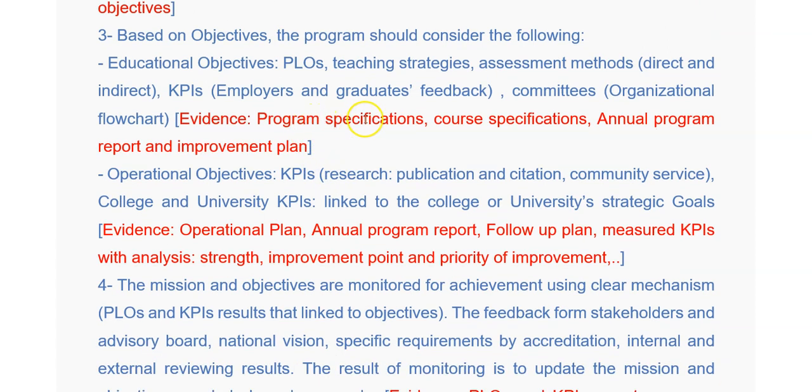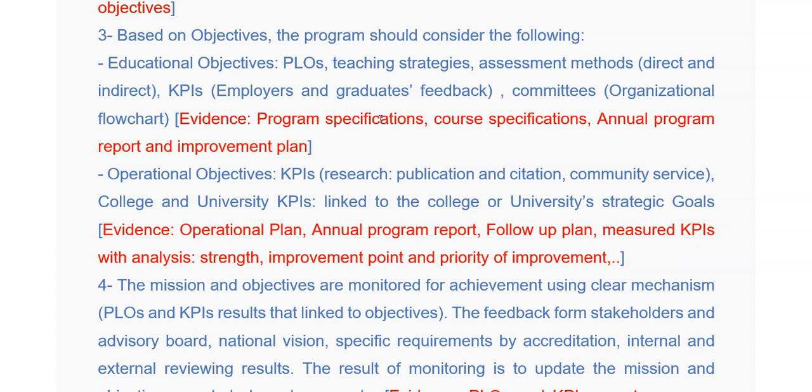You need the program specification, which is the most important document, because in the program specification you can find the program learning outcomes, KPIs, teaching strategy, assessment method, and graduate attributes, which I forgot to mention and which is important. Also, course specifications can be evidence to show that you link course learning outcomes with program learning outcomes, and in the course specifications you have teaching strategies and assessment methods in order to achieve your course learning outcomes that are linked to the program learning outcomes.